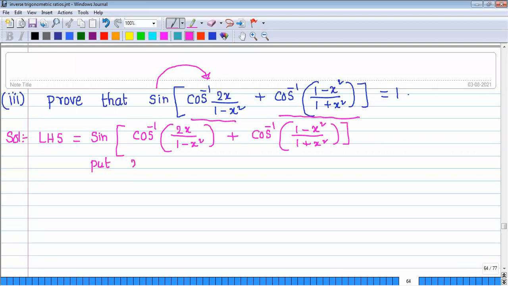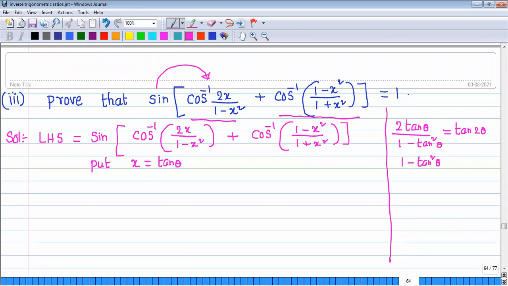Put x is equal to tan theta. If you put x is equal to tan theta, we get two formulae. 2 tan theta by 1 minus tan square theta, from multiple and submultiple angles, is equal to tan 2 theta. 1 minus tan square theta by 1 plus tan square theta is equal to cos 2 theta.